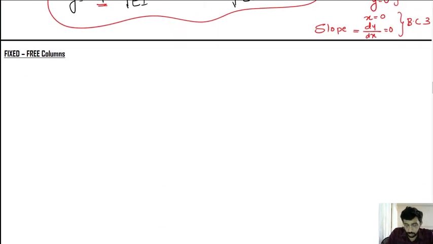Now let us apply all these boundary conditions. Let us take the third boundary condition, which is nothing but at x is equal to 0, dy by dx is equal to 0. In order to get dy by dx, we have to differentiate our expression.